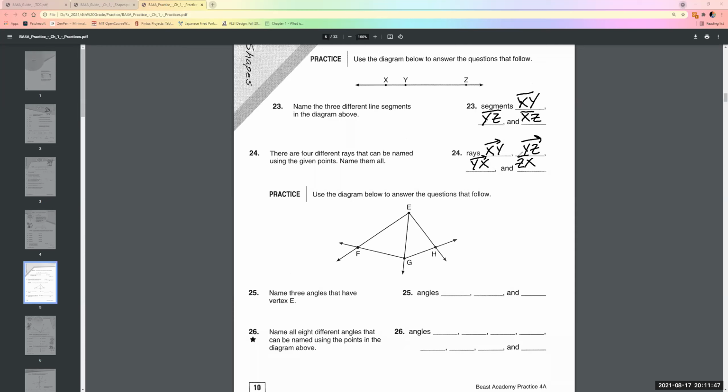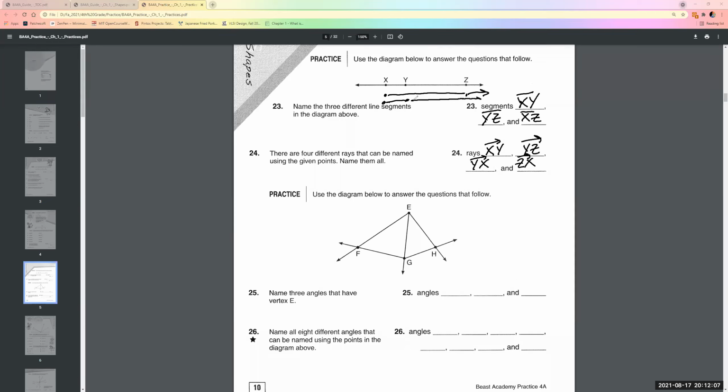So do you know why I did not want to count XZ? Why? So XZ right here, this ray, since we're already going in this direction, would be the same as this ray because the line will extend forever.